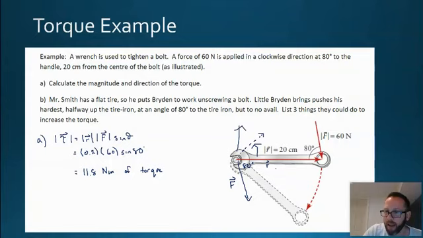But actually in this case, I'm going the other way. So R cross F is actually going to be going down. And in this case, the direction is into our page in this particular example.